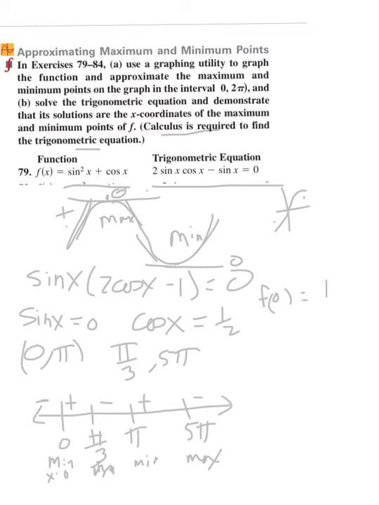F of pi over 3 would equal what? It would equal 3/4 plus 1/4.